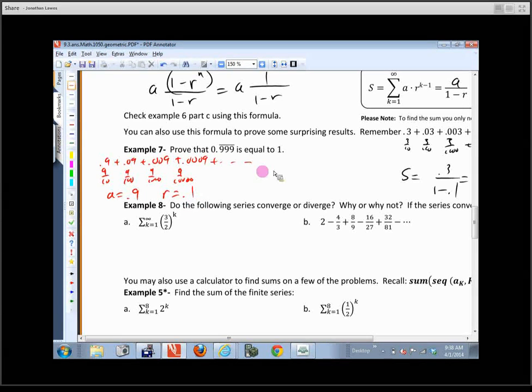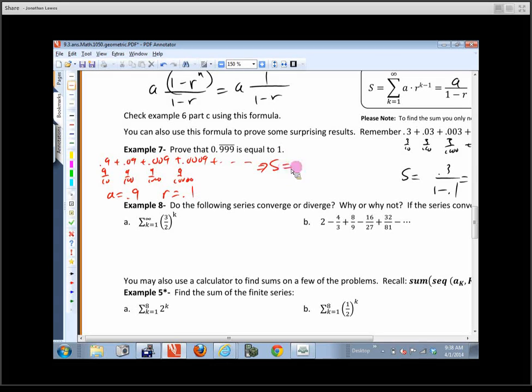So the formula says that the sum is the first term, 0.9, over 1 minus the common ratio of 0.1. So that's 0.9 over 0.9. And what is 0.9 over 0.9? 1. So 0.9 repeated, let that go on forever, is equal to 1.